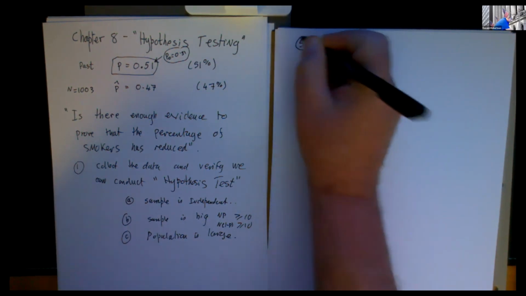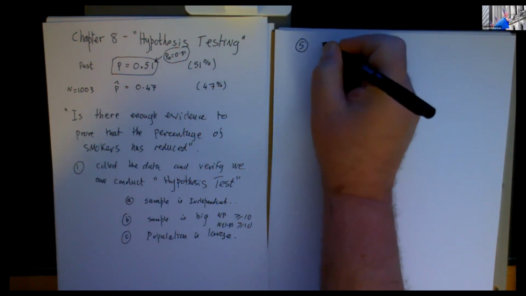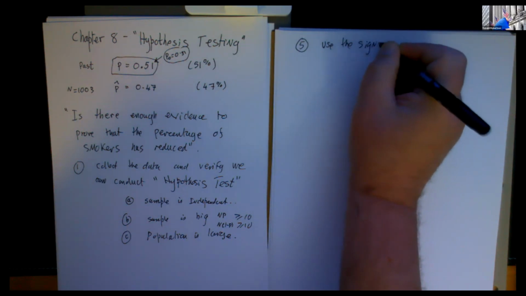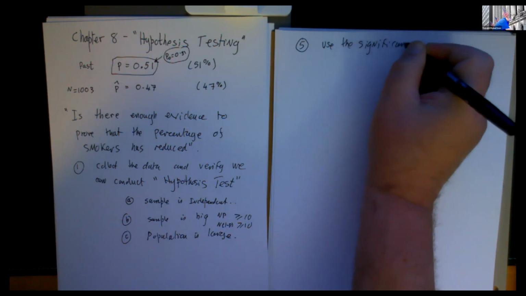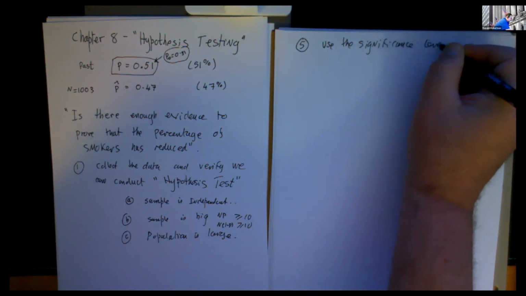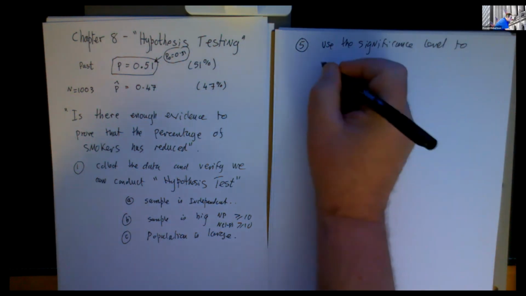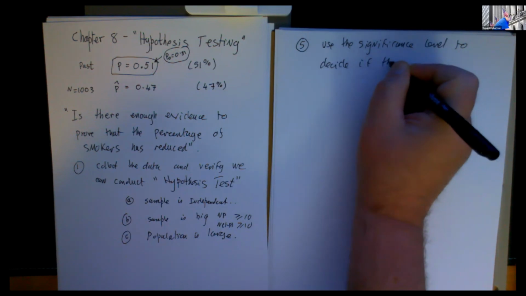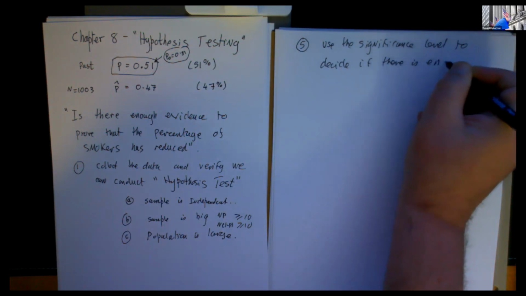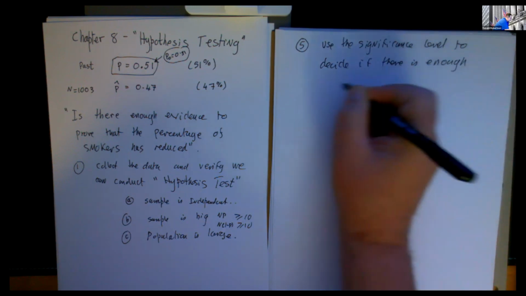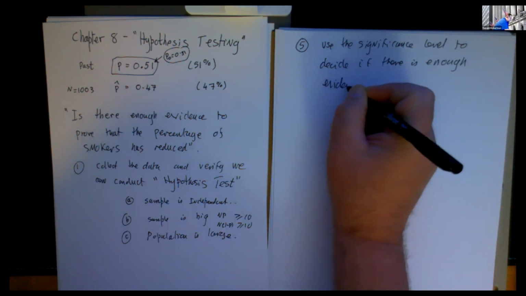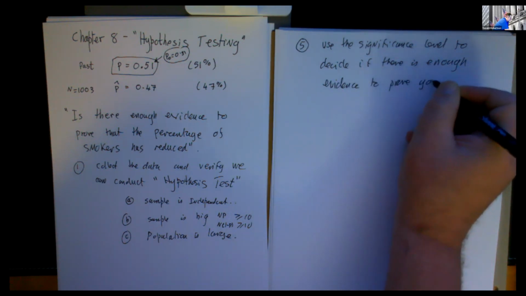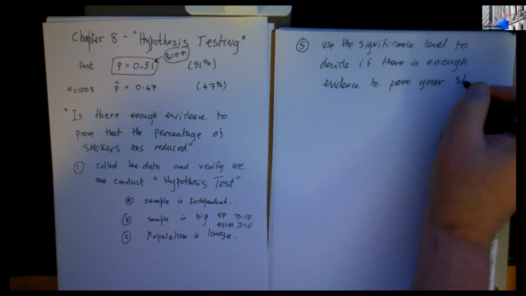Step 5. Use the significance level to decide if there is enough evidence to prove your statement.